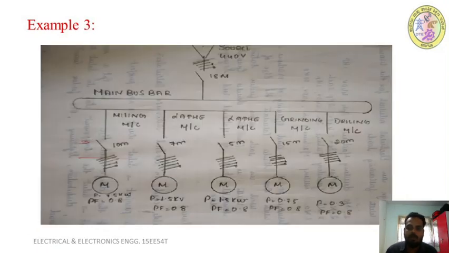And this is also one more example you can see here clearly. This is a small workshop, consisting of one milling machine, two lathes, one grinding machine and one drilling machine. Here the supply is taken from the source, through service mains, and it is connected to the main board, or you can call it the main bus bar.